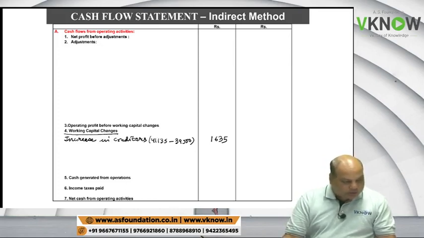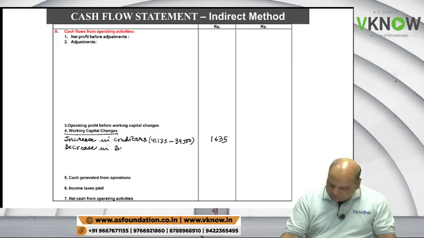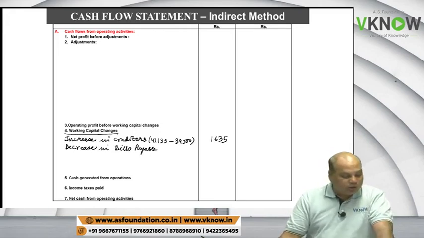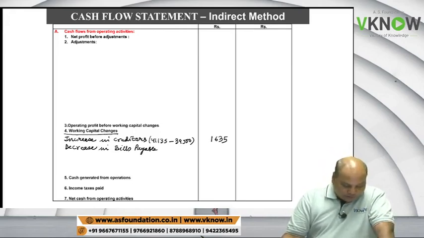Similarly, next item, bills payable. Write down decrease in bills payable. Please reply. Take your calculator, 33,780 minus 11,525.